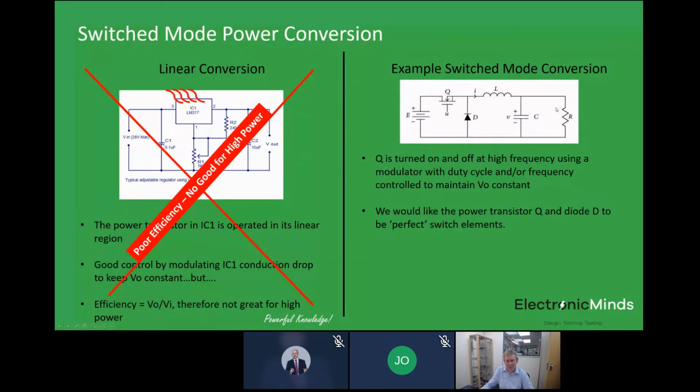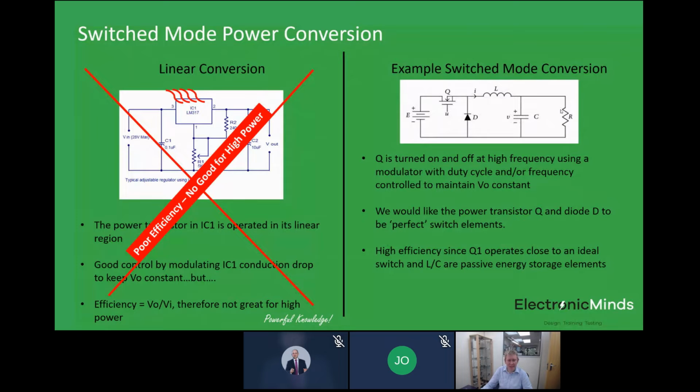And I'll show a little bit more detail of how that works in a moment. But essentially, a switch mode power converter has semiconductors which are running at high frequency, coupled with inductors and capacitors which are used to buffer and store that energy and return DC to the output.